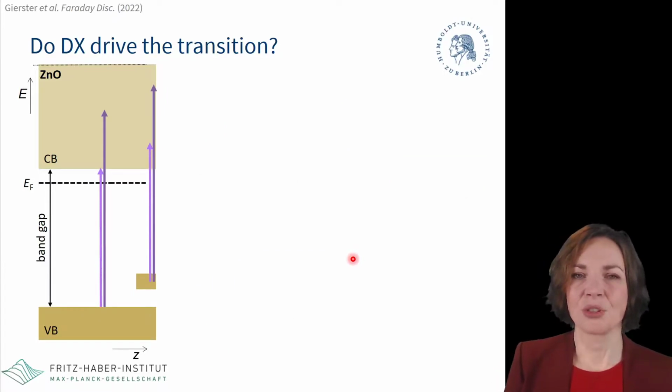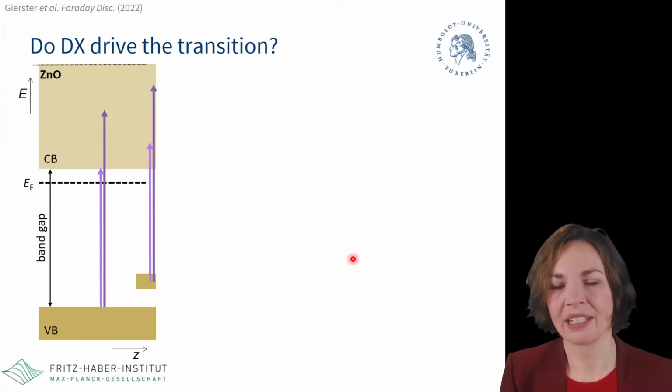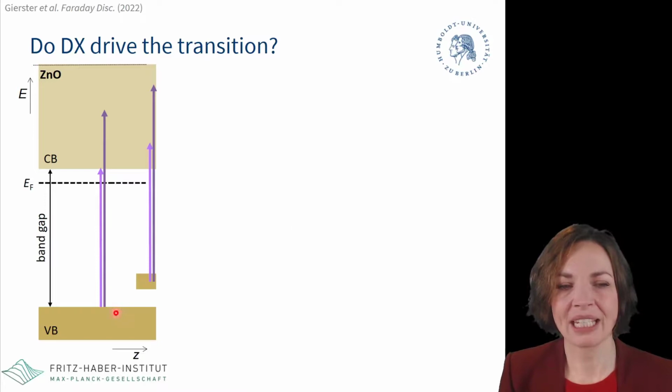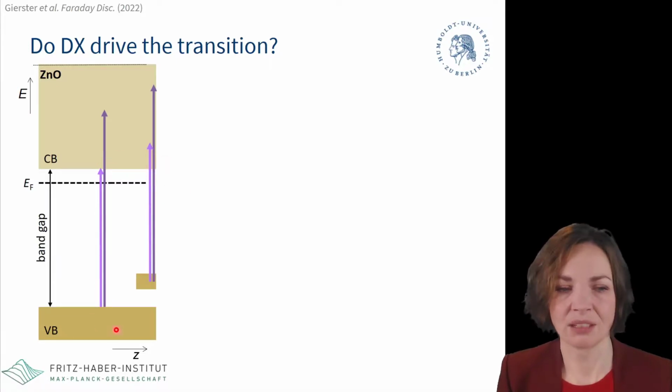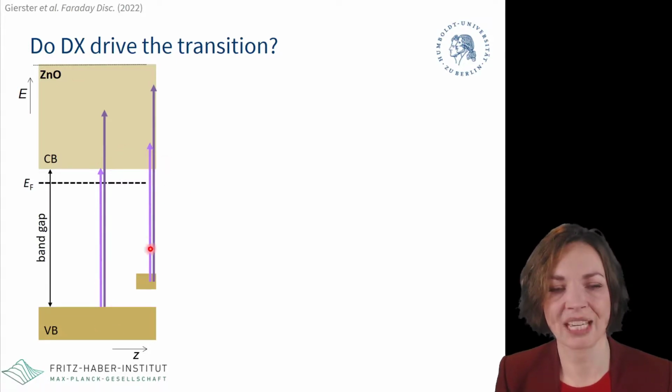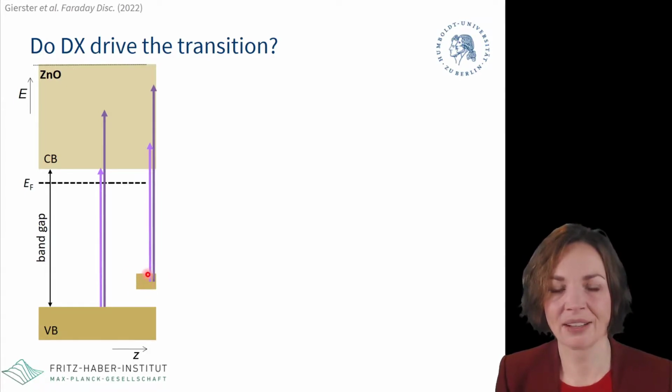So do these defect excitons have something to do with the semiconductor-to-metal transition? Obviously, we can do above bandgap excitation with the UV light that we used, and with higher photon energies we can do the same, and we can also depopulate these defect levels to generate defect excitons.